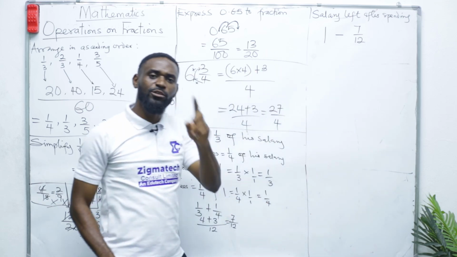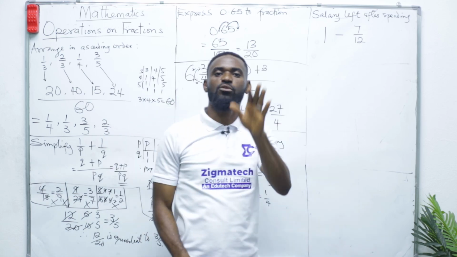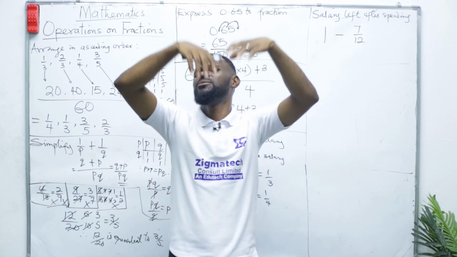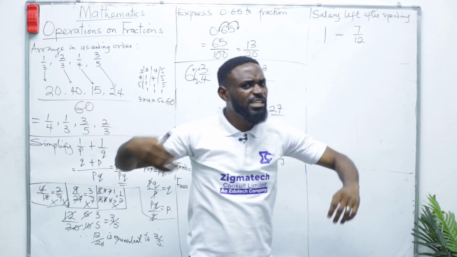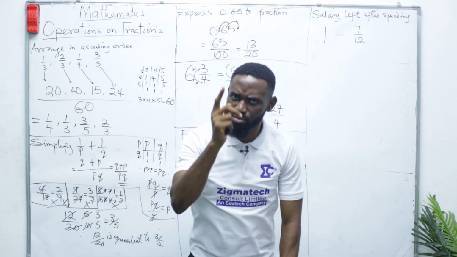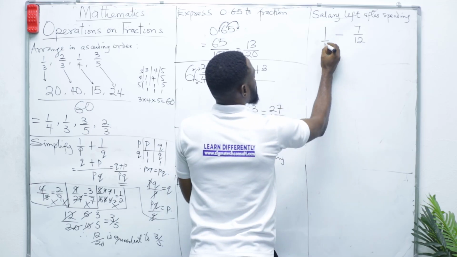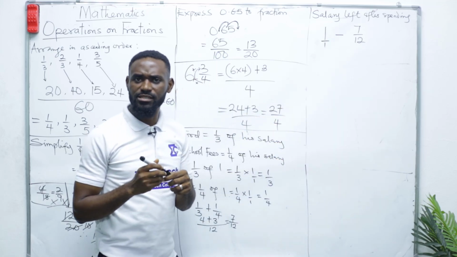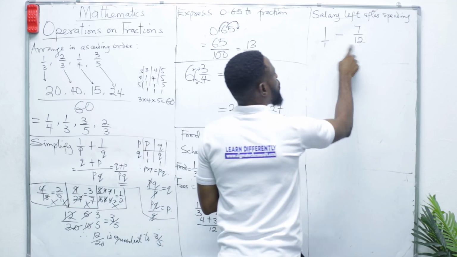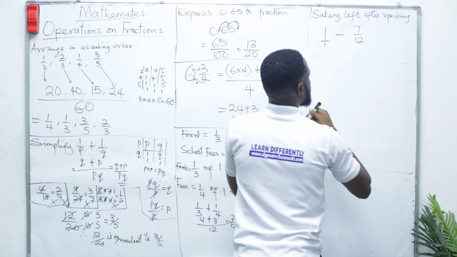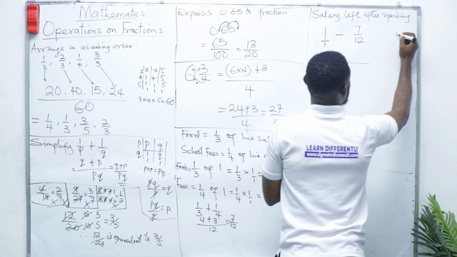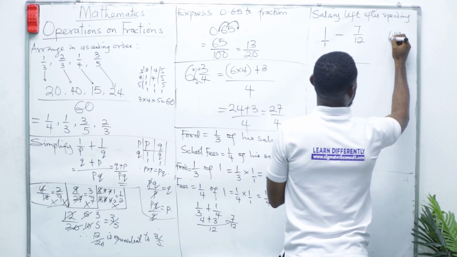Any number without a fraction, 1, 2, 3, 4, 5, 6 to infinity, has a denominator of 1, that is invisible. So there is an invisible denominator of 1 here with this 1. Do you understand that? All right, so we look for the LCM of 12 and 1, which is also 12, right?